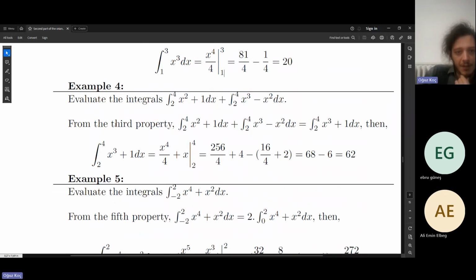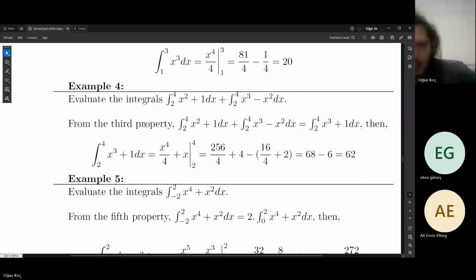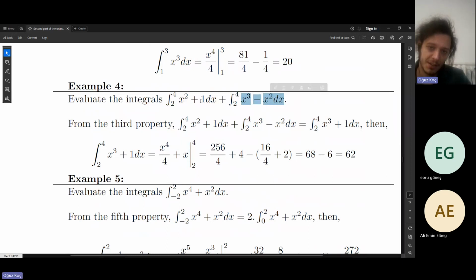And here, we have the third property from linearity. We can add those functions into the other integrals inside, if the boundary points, the limit points, are equal. When we do this, we can see that there is a positive second power of x and a negative second power of x.